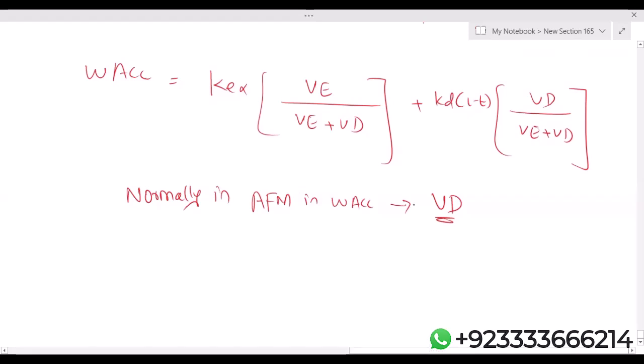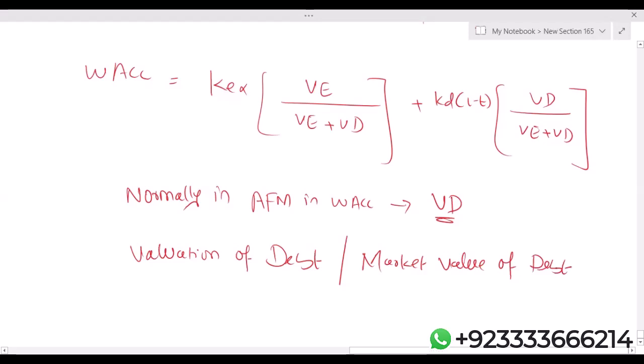Okay, now, question. What if the market value of debt is not given? Obviously, if it is not given, then you have to calculate the market value of debt. That is valuation of debt.